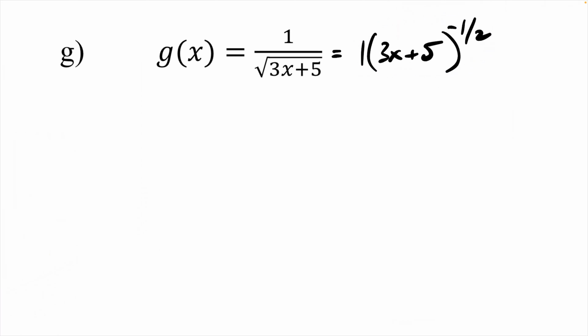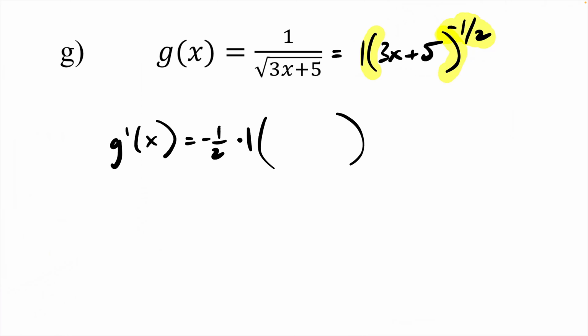Okay, so here we go. The first layer is something to the -1/2 power. The 1 was already there. I'm going to multiply by the old power, which is negative 1/2. Parentheses, subtract a whole from the power. 1 whole minus 1/2 is negative 3/2. Rewrite the inside. Okay, chain.